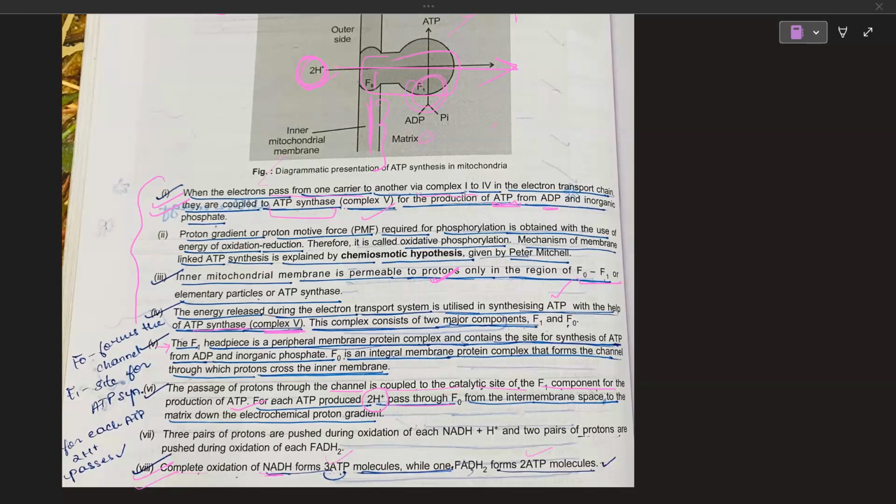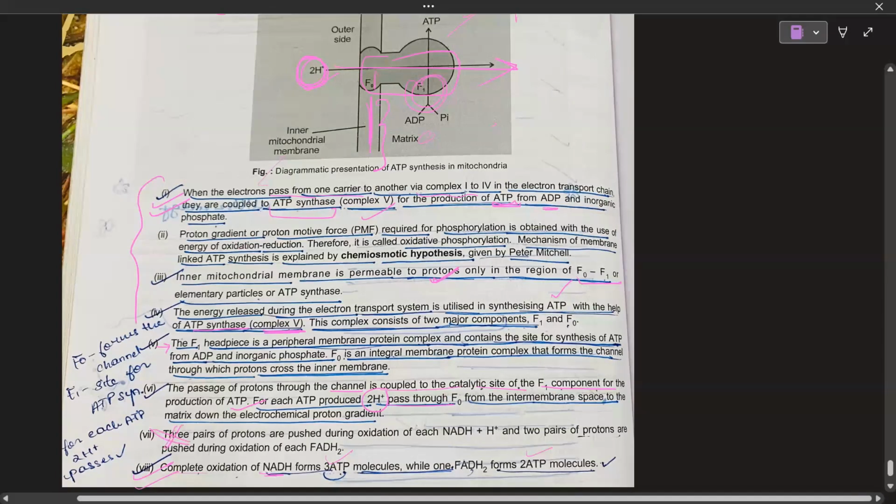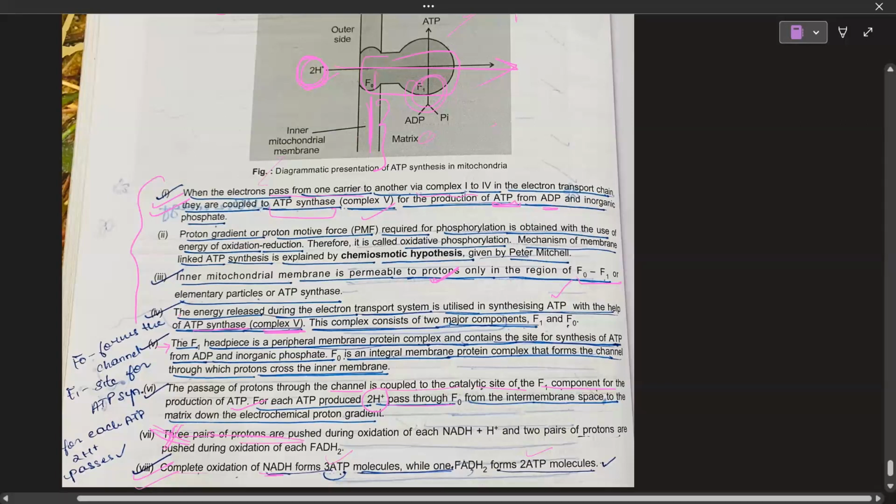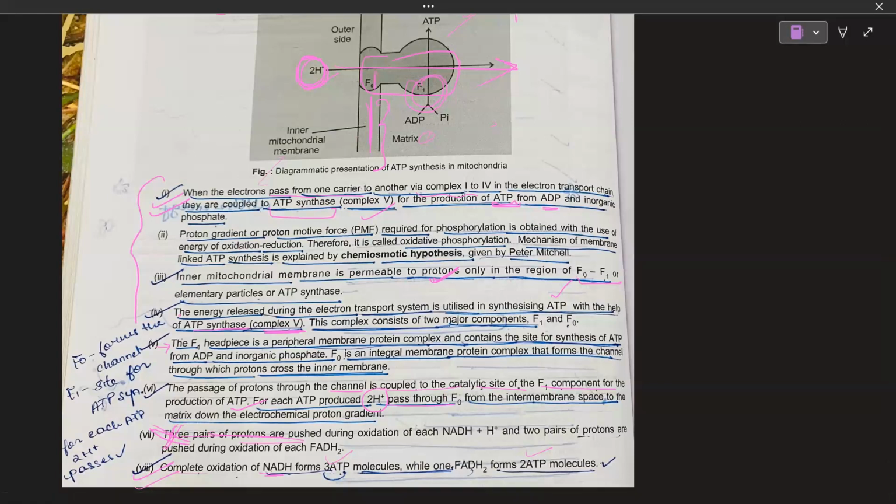Just don't write this particular point. The 7th one you don't need to write. Rest all you copy down. These things that I have written in my book, this also you don't have to copy down.